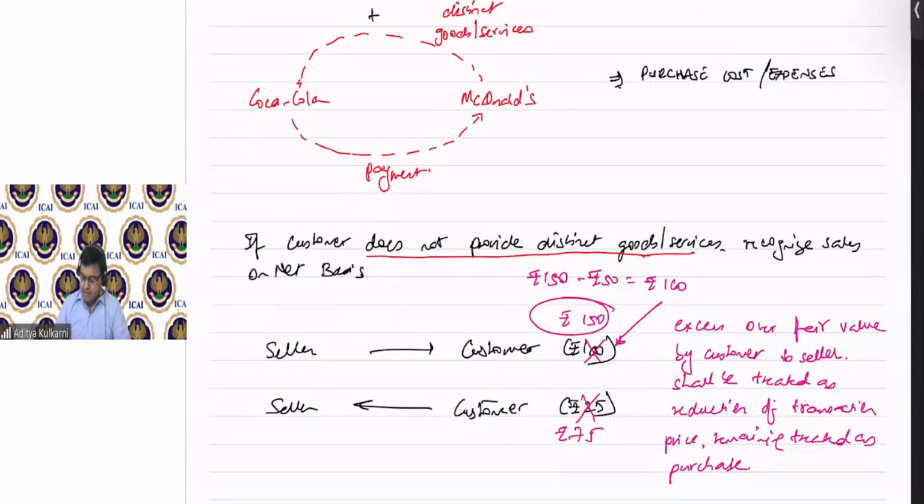And 75 will become 25 in the books of the seller, when he does the expense accounting entry. Expense will be accounted at 25, and the 50 extra amount will go as a reduction from revenue. If there is no distinct goods or services, then the question does not arise, you just do it on a net basis. Are we clear with this?